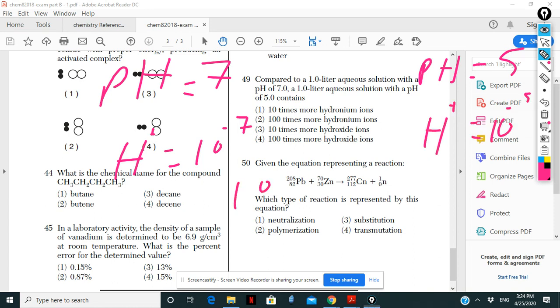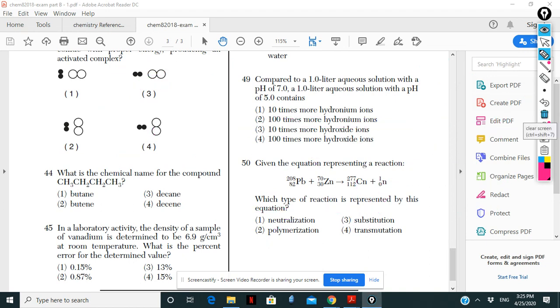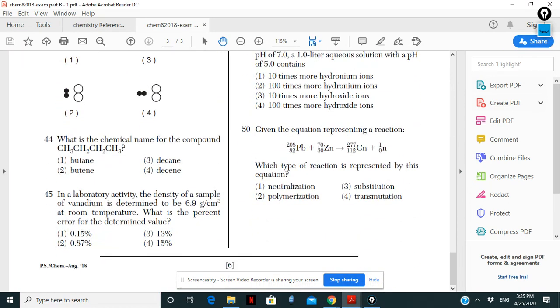If I divide 10 to the power negative 5 by 10 to the power negative 7, it's going to be 10 to the power 2, which is 100 times. And it's the hydronium ion, because the hydrogen dissolved in water gives hydronium ion.